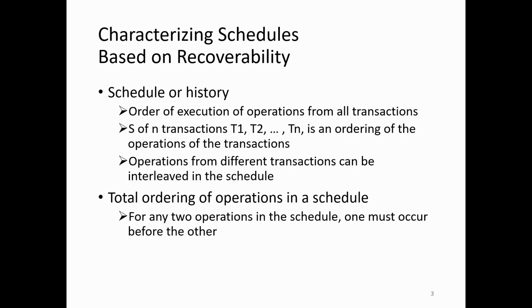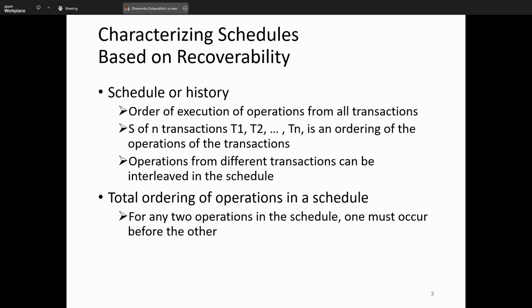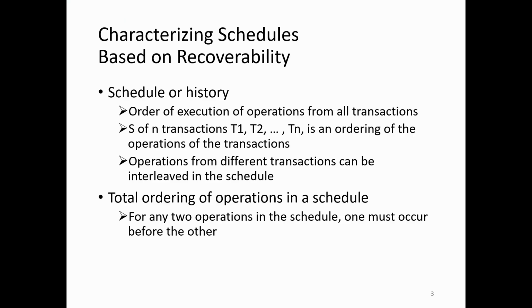The total ordering of operations in a schedule means that for any two operations in the schedule, one must occur before the other.